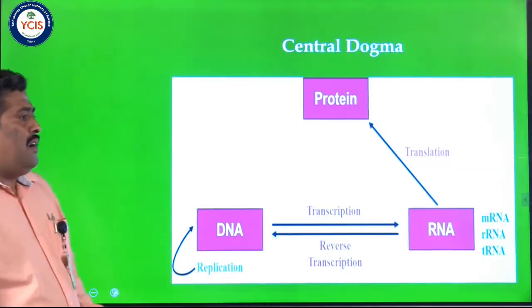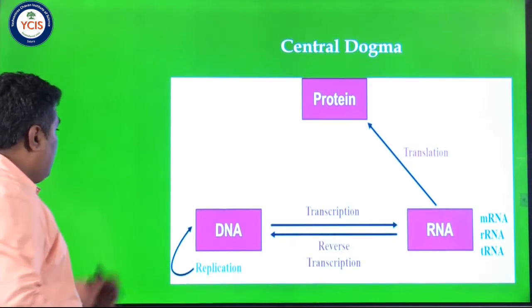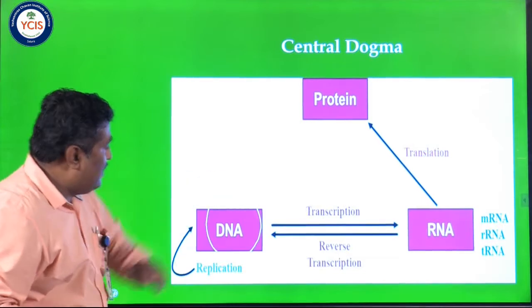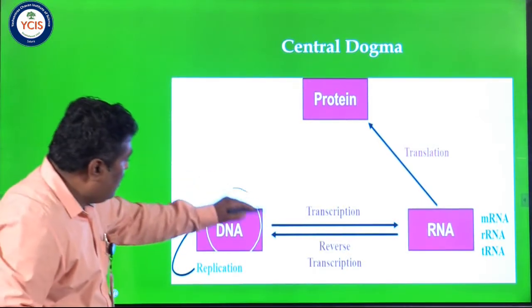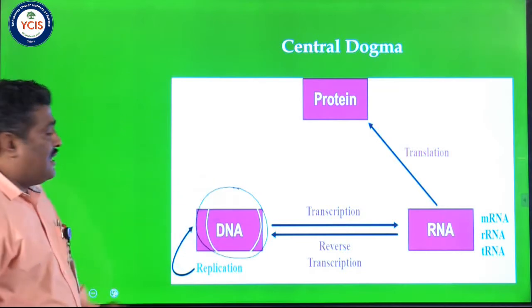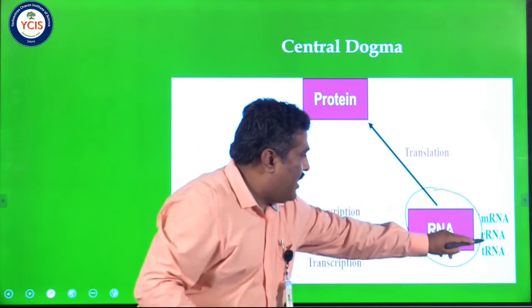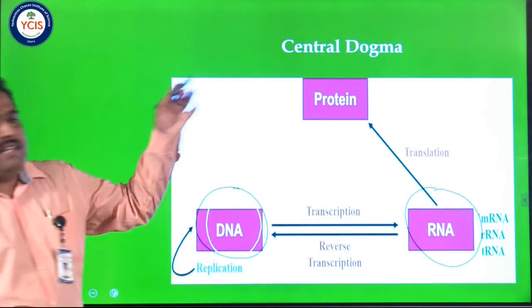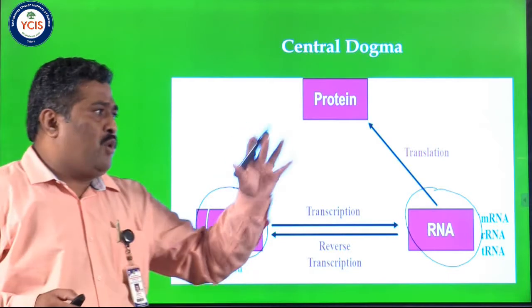The central dogma of our life is that DNA is transcribed to RNA. We know mRNA, rRNA and tRNA, and that RNA is further translated into proteins.